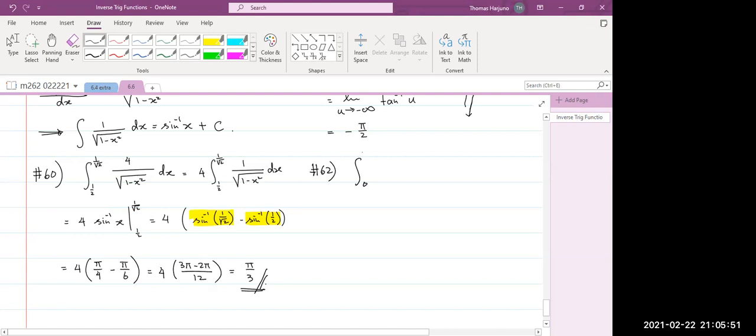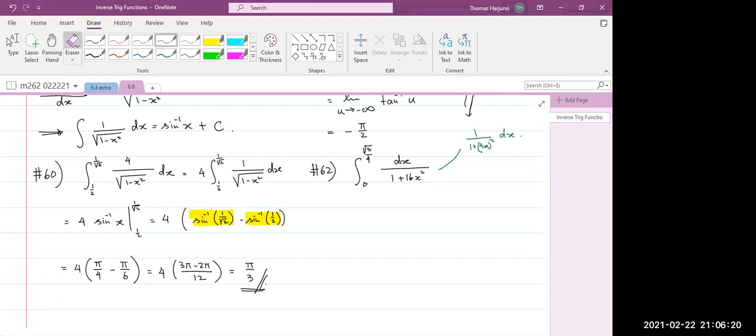Number 62. Integral from 0 to radical 3 over 4 of dx over 1 plus 16x squared. Now, I will do substitution because this actually follows 1 over 1 plus x squared dx form.